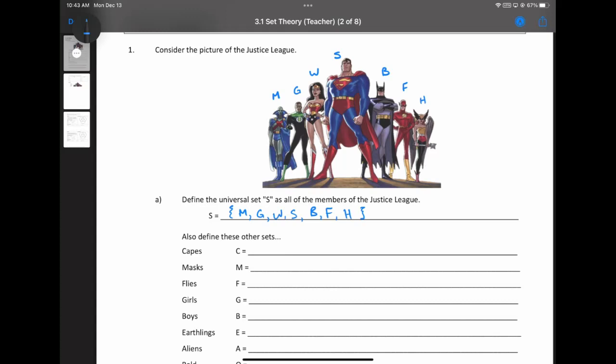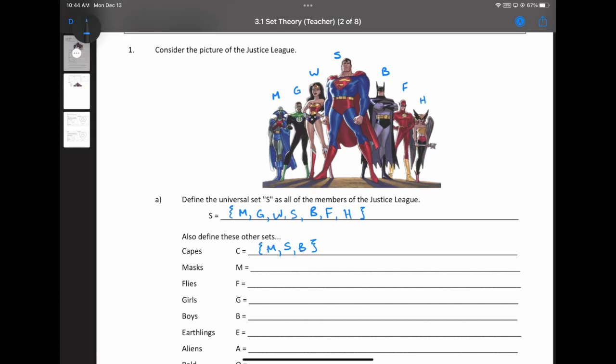Okay, so the first one, which are the characters that have capes? And again, I'm going to go from left to right and notice that Martian Manhunter has a cape. Green Lantern does not, Wonder Woman does not, Superman does, Batman does, Flash doesn't, Hawkgirl has wings but not a cape. So there is the set of caped members of the Justice League.